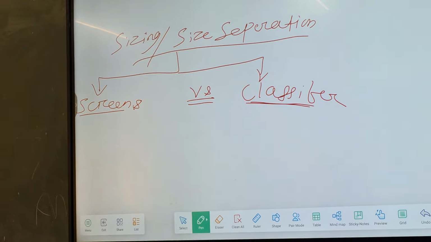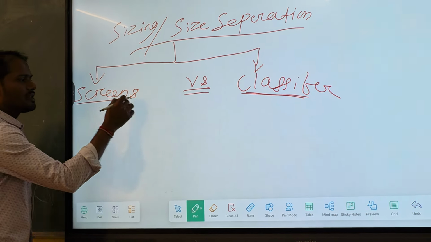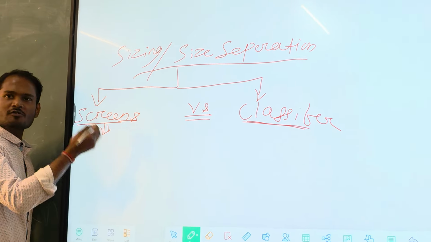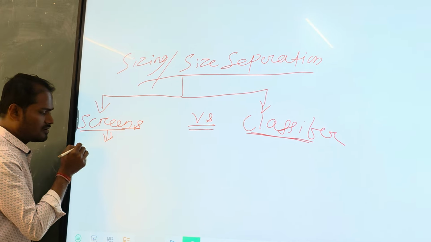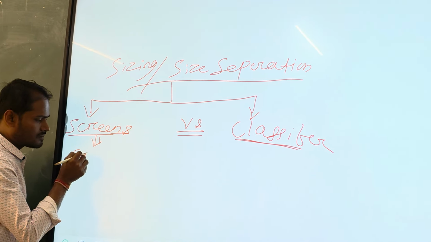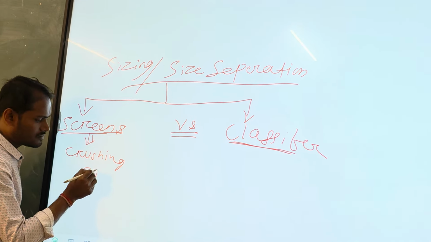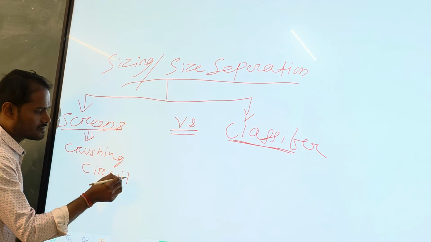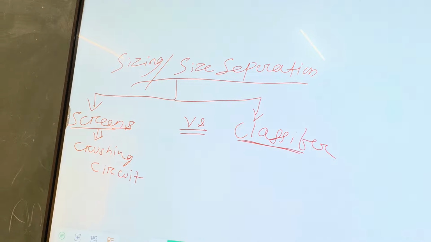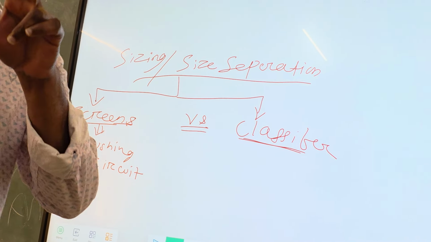So basically, these screens are mostly used in crushing circuits. I told you many times there can be closed circuit and open circuit operations, right? And in industry we prefer closed circuit, right?